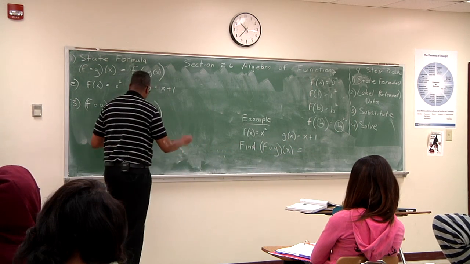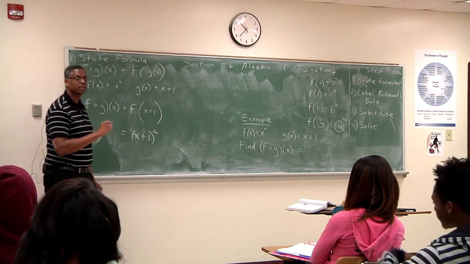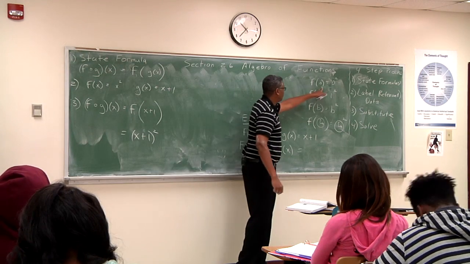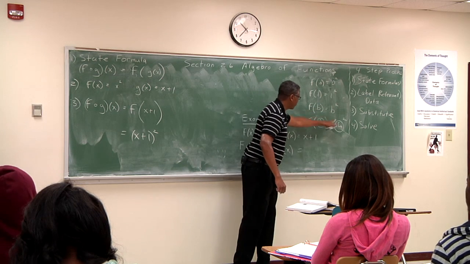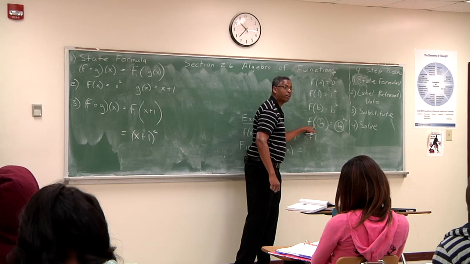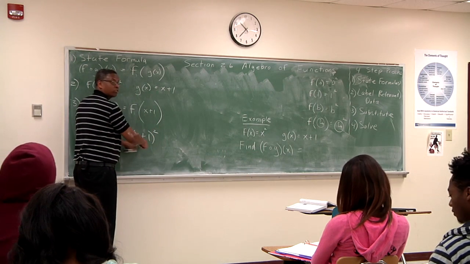f of x plus 1 is x plus 1 squared. That's the answer. Same thought process. If f of 0 is 0 squared, f of 1 is 1 squared, f of b is b squared, f of a clock is a clock squared. This is silly though, but it's driving the point home. f of x plus 1 is just x plus 1 squared.